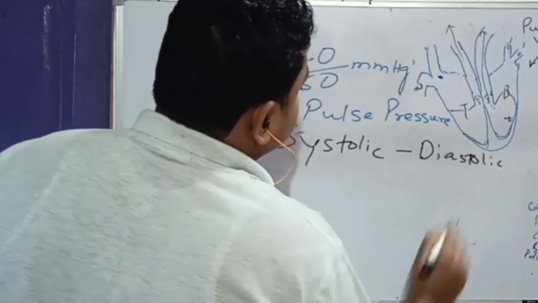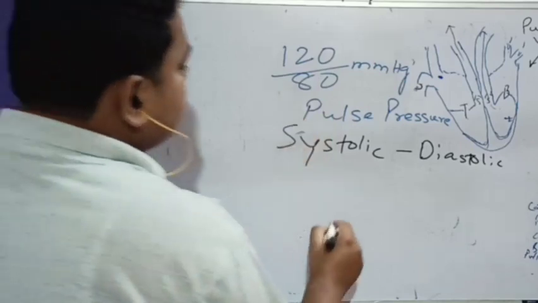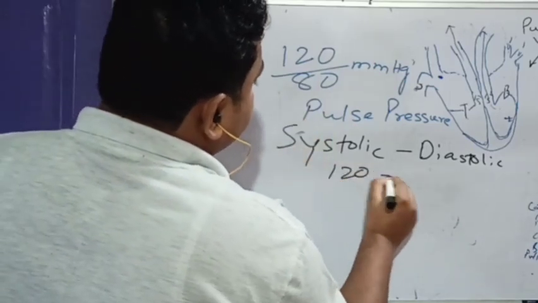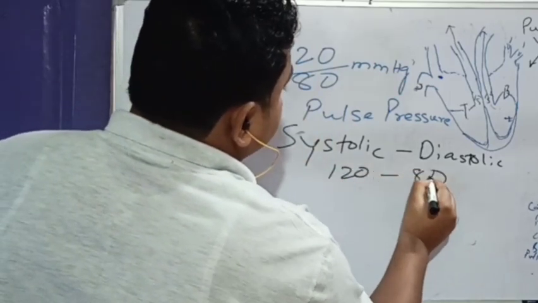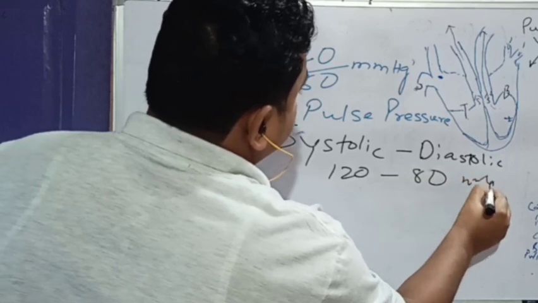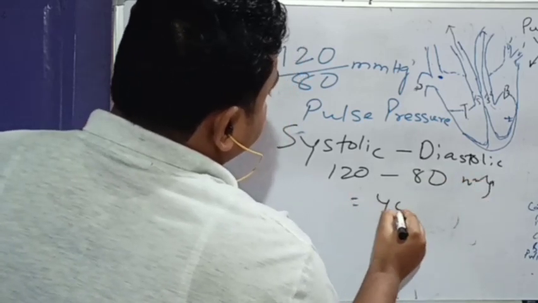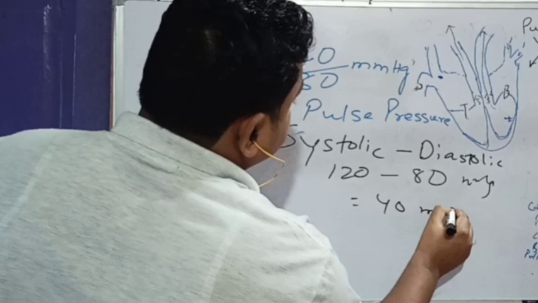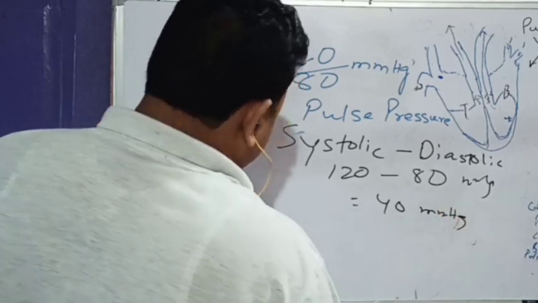This is called pulse pressure. So here the normal will be what? 120 minus 80 millimeter of mercury. So it will be 40 millimeter of mercury. This is the normal pulse pressure.